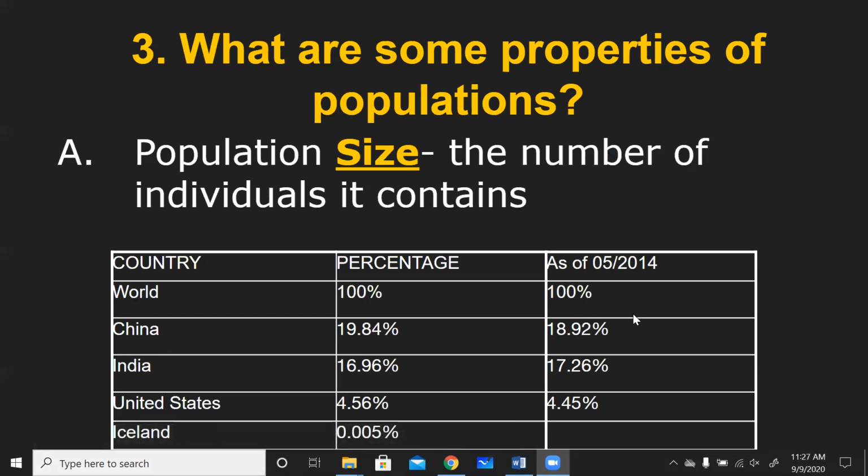Obviously, everybody that's alive in the world is everybody that's alive in the world, so we have 100%. China accounts for almost 20% of the population of the world as of 2014. So yes, this data is fairly old, but it's just to put in perspective different populations of people in the world and what percentages they represent of the total population.